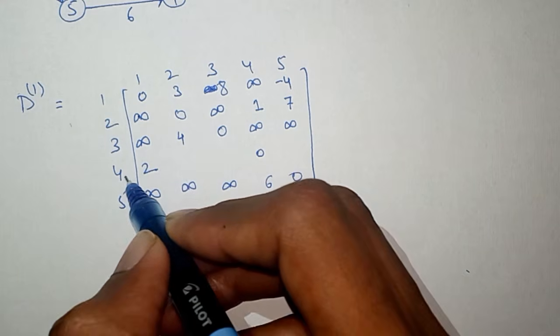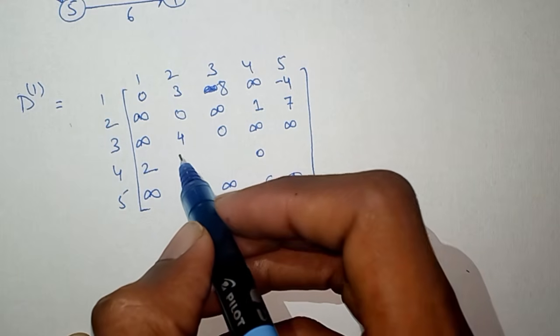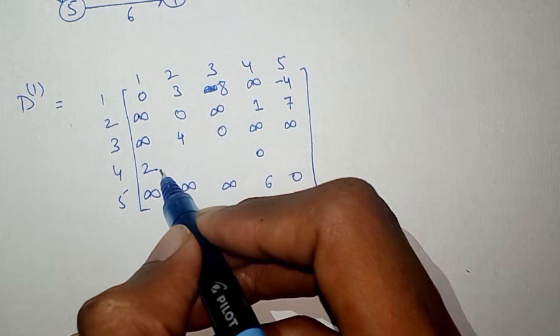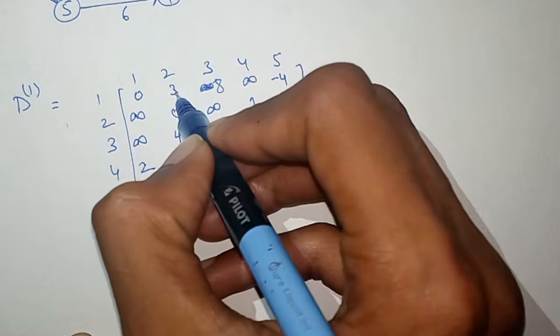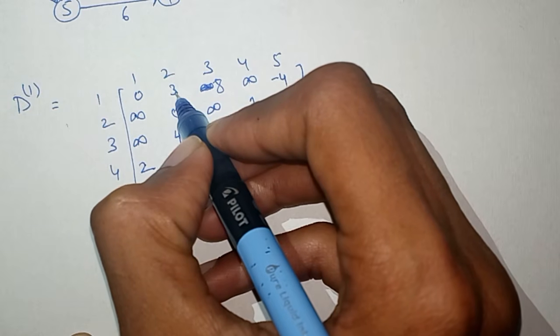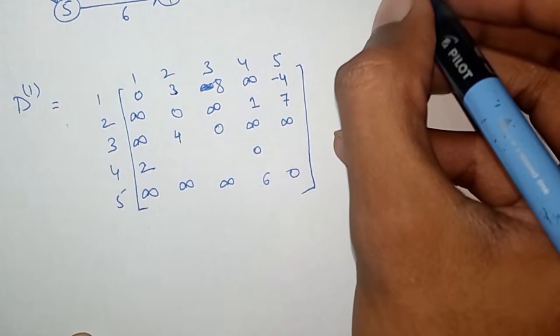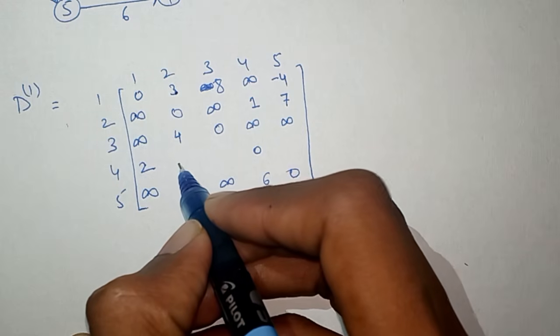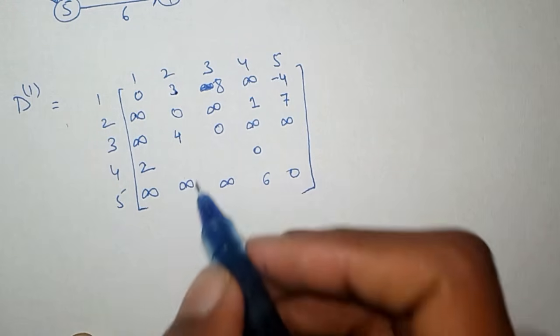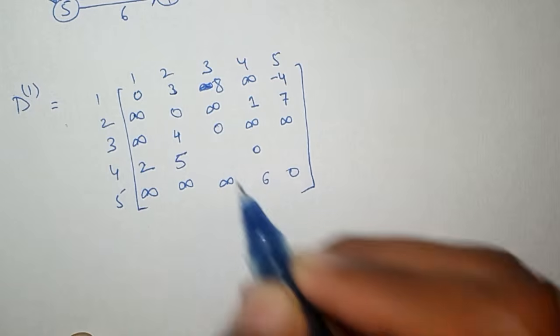Now the element (4, 2) can be found by summing up the elements which lie in front of this element, that is 2 plus 3 is 5, which is less than infinite because this element is infinite in the D0 matrix. So here comes the 5.